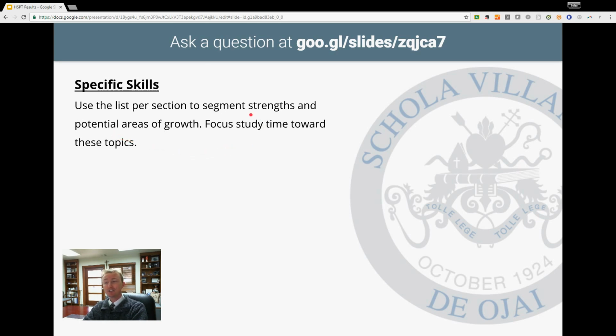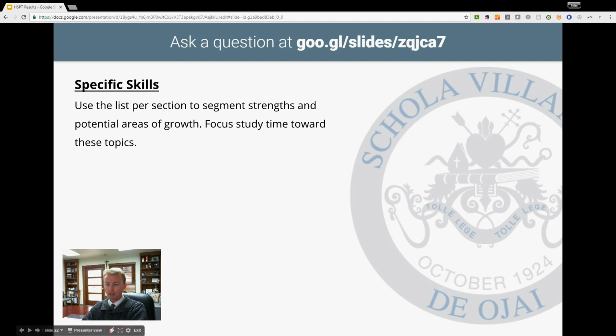Now, don't neglect your strengths, don't neglect your above average areas, but spend less time on them while studying or preparing for this test. You should certainly devote more attention, not all, but more of your attention toward those potential areas of growth.